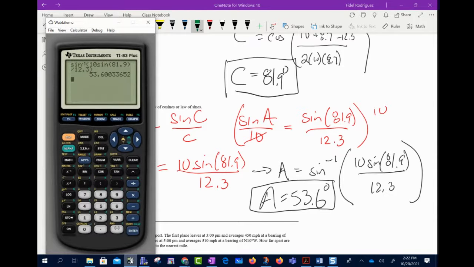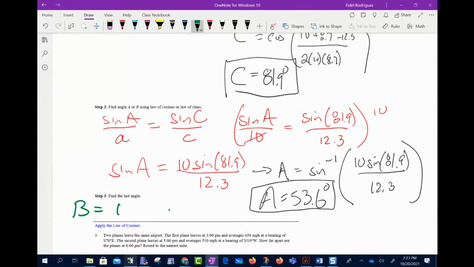Yeah, add A and C and subtract it from 180, so we can say 180 minus 81.9 plus 53.6, and we are coming up with 44.5. So we got it pretty straightforward, right?